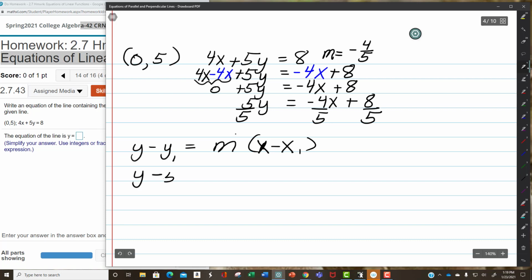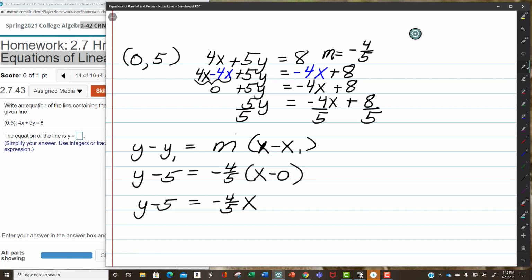Y minus 5 equals negative 4/5 times x minus 0. Well, this one is going to be easy. Y minus 5 equals negative 4/5 x. We absolutely did not have to multiply both sides by 5 in this case.